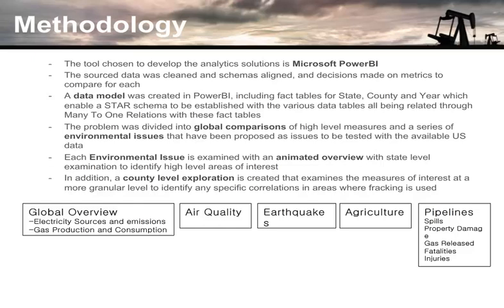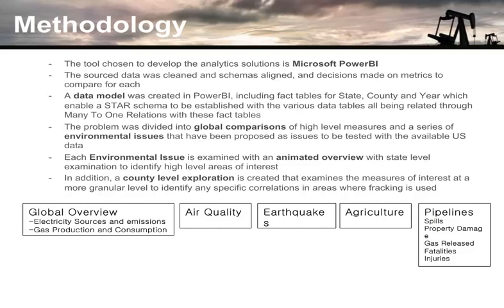To do that, we wanted to firstly take an overview at a state level with the American data that we had, and see, broadly speaking, were there any issues highlighted in those states that have increased the use of fracking, and then secondly, dive deeper into a more granular level and see whether we could detect a correlation specifically between the areas where fracking was undertaken and then any negative consequences that may have resulted.